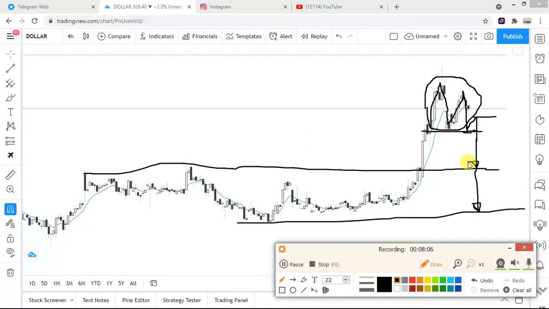If you decide to exit on a support level, which is a major support, it is the safe area for everyone, even if you are trading with small capital. And if you have large or maximum capital, you should hold until here.